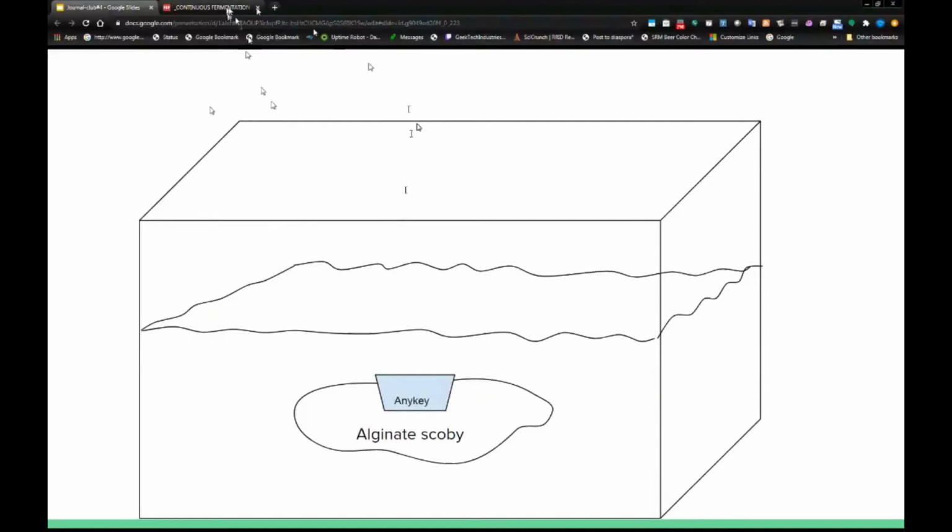This is also used in molecular gastronomy, as most of you probably already know. So it's a 2.5% solution of alginate and whatever you're putting in the alginate. And then that mixture goes into a 10% solution of calcium chloride. And the sodium and the calcium swap, making sodium chloride, right?